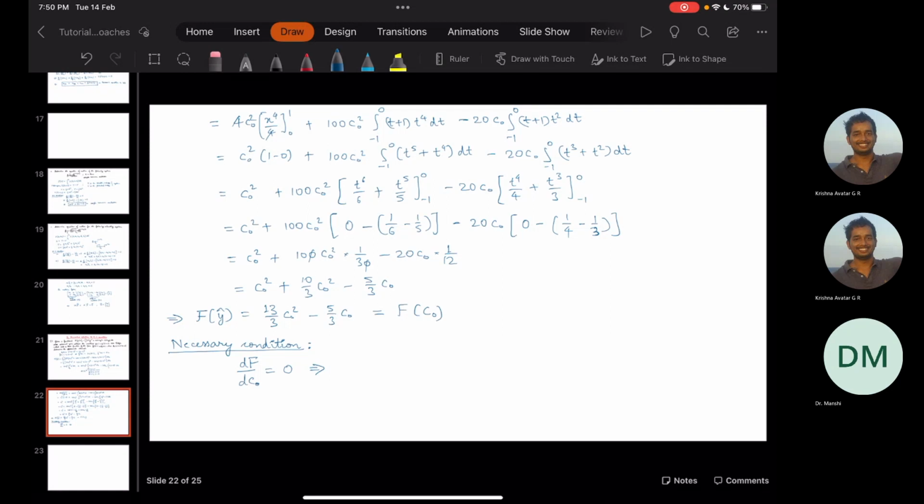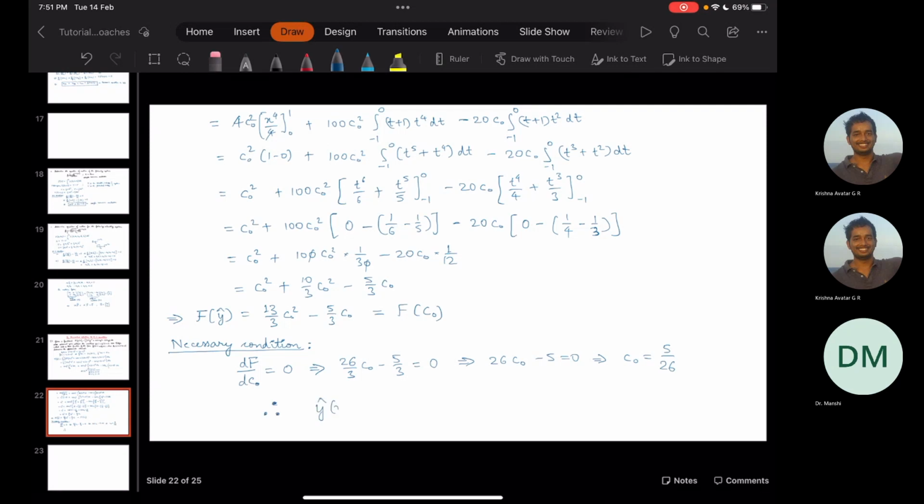This implies that 26 by 3 into c naught minus 5 by 3, the first derivative of 5 by 3 c naught with respect to c naught giving us just 5 by 3, is equal to 0. And this gives us 26 c naught equal to 5. Finally, we have c naught is equal to 5 by 26.